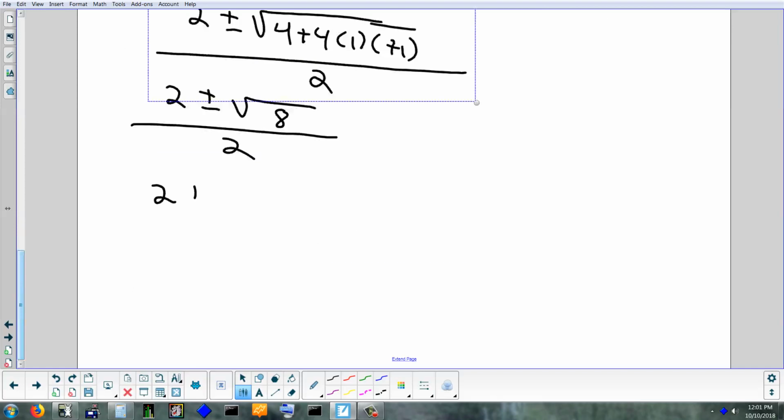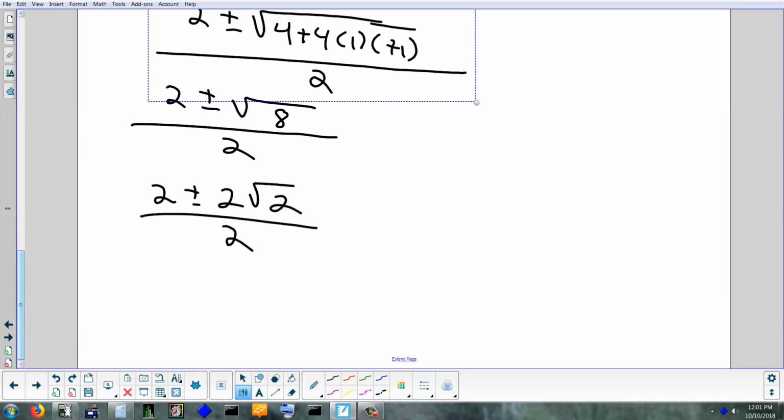And how can you simplify the square root of 8? After we simplify the square root of 8, yes. 2 square roots of 2.